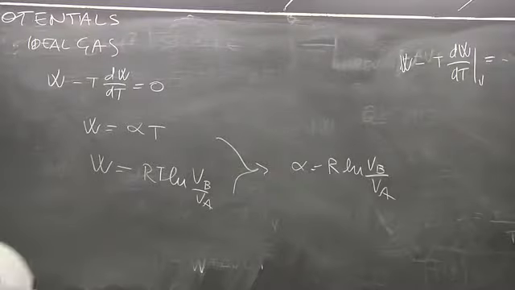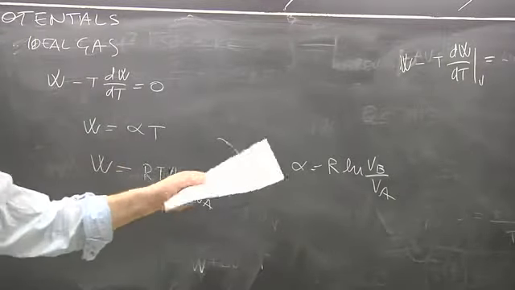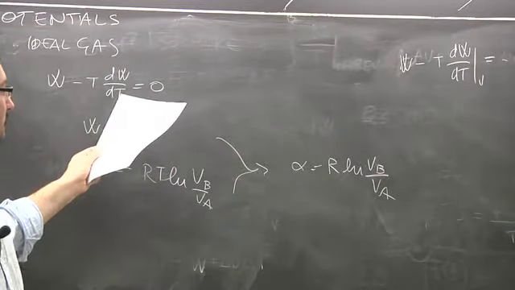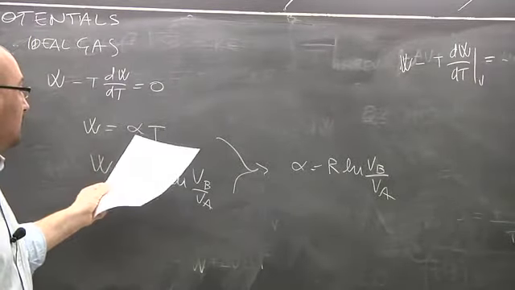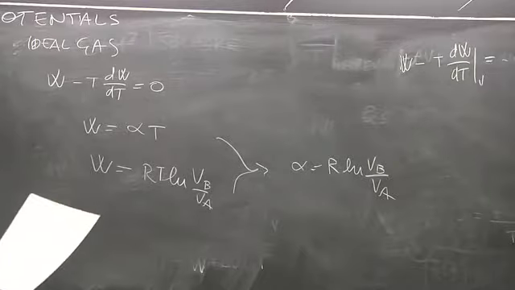But the important thing that we can say is that for an ideal gas, without doing any calculation, integral P dV, blah, blah, we don't know anything, we can say that the work is proportional to the temperature. Okay?